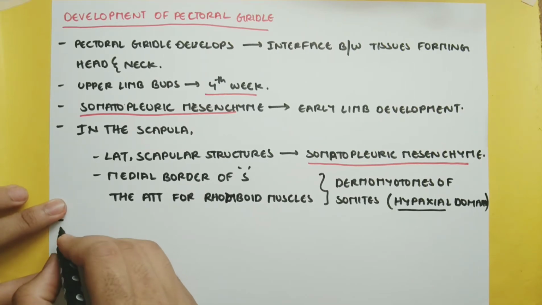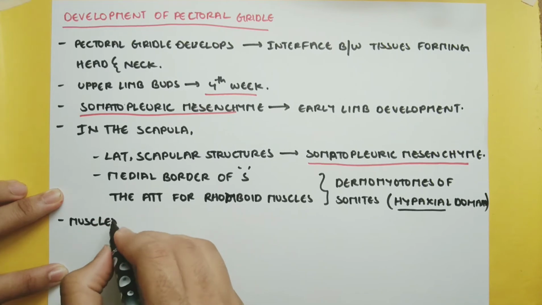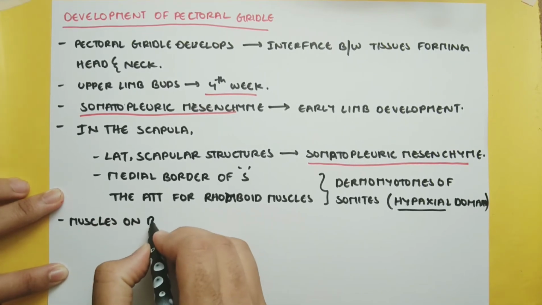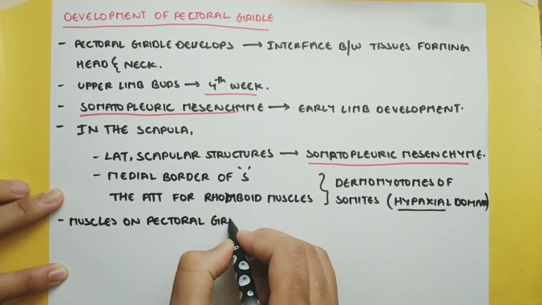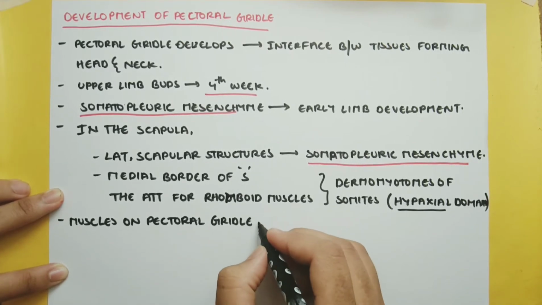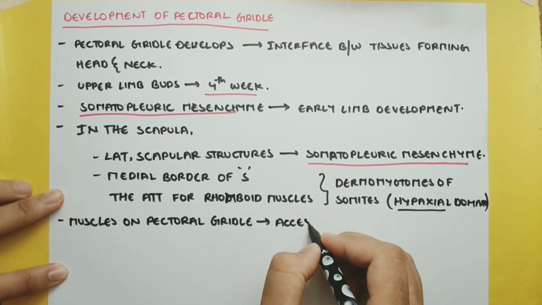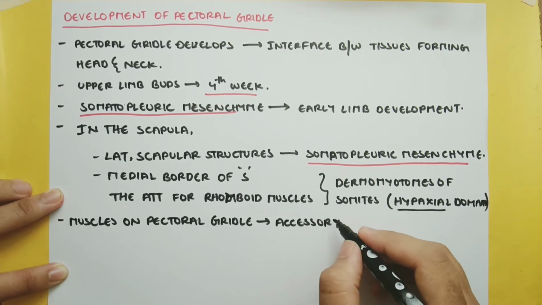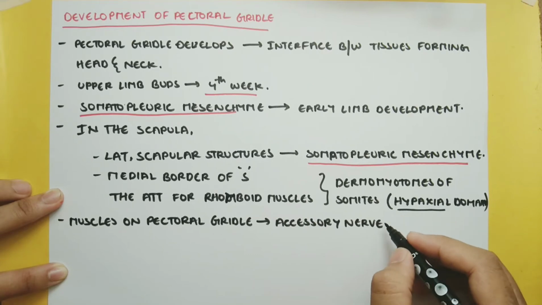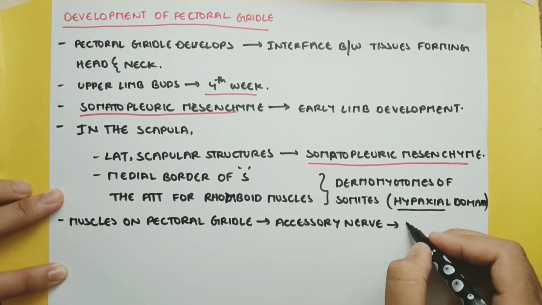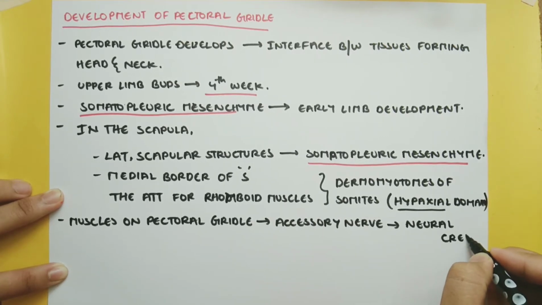The connective tissues of the muscles and their attachment sites on the pectoral girdle are innervated by the accessory nerve, and derived from neural crest.